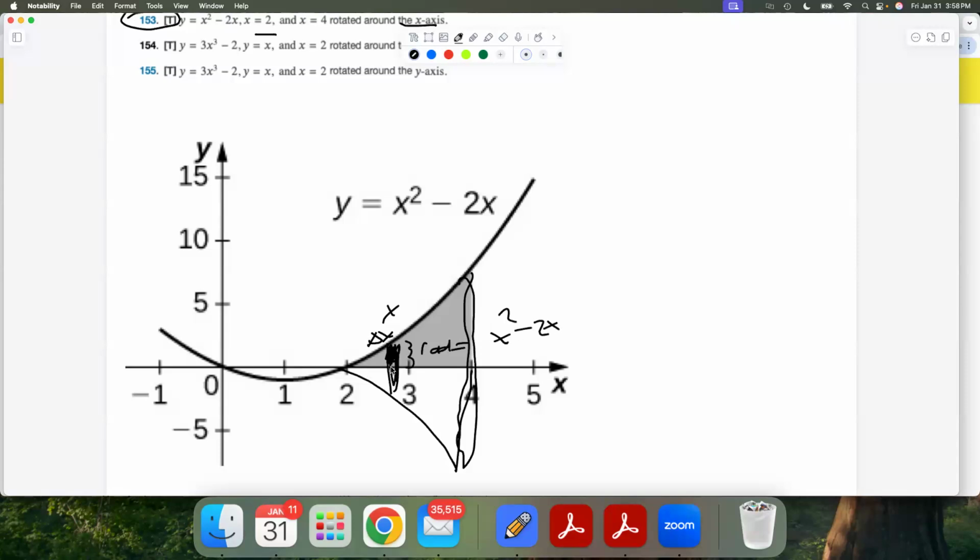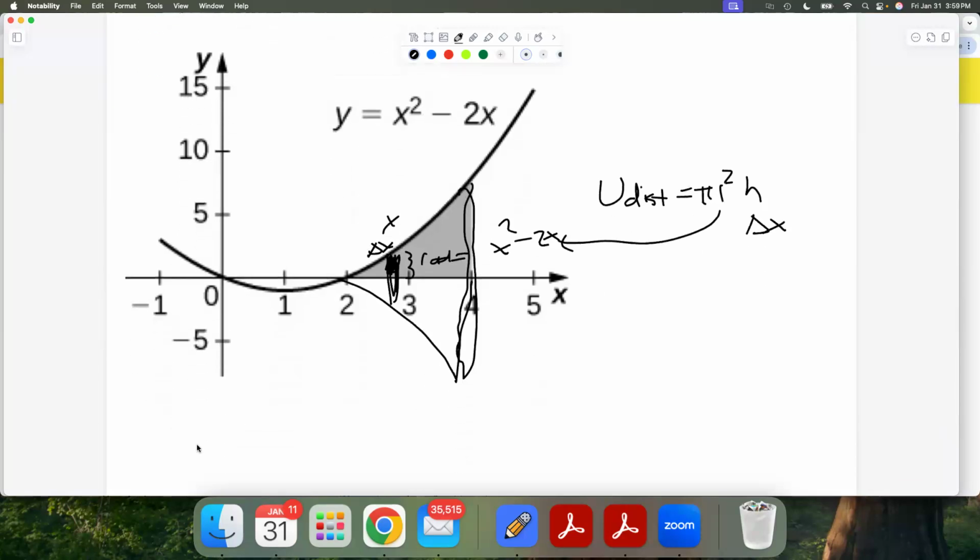At this location x, the radius of that disk is the function value itself. Volume of a disk is pi r squared times h. What's h? H is my thickness. That's delta x. R is that.